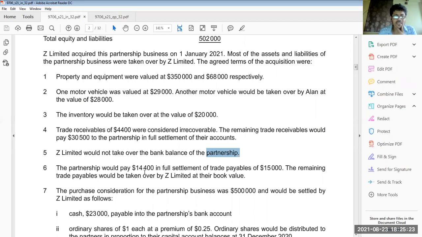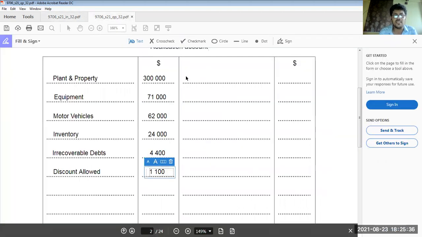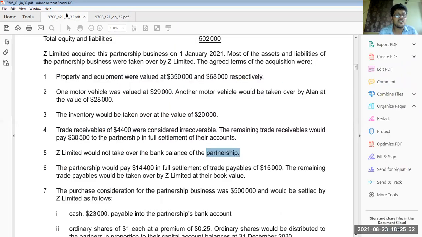Now come to liabilities. The partnership would pay 14,400 in full settlement of trade payables of 15,000. The partners are paying 15,000 after availing 600 discount. So discount we are going to consider over here. Discount received 600. Okay. And how much accounts payable?